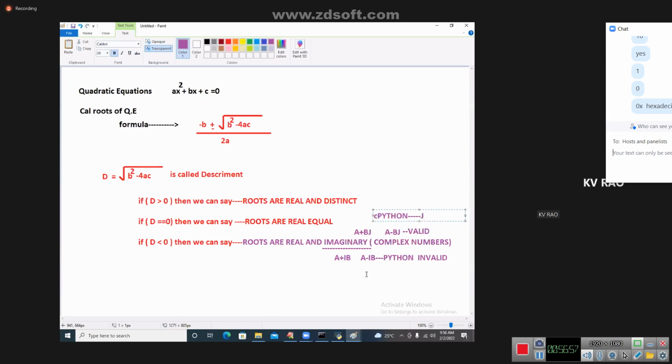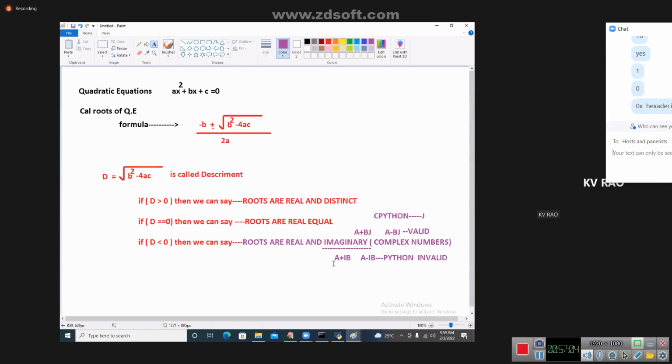They did not use the letter i. Mathematically, we wrote i, but in Python, we need to use j only. A plus bj, a minus bj only. We cannot write i and b.